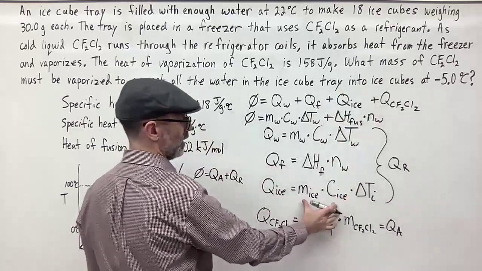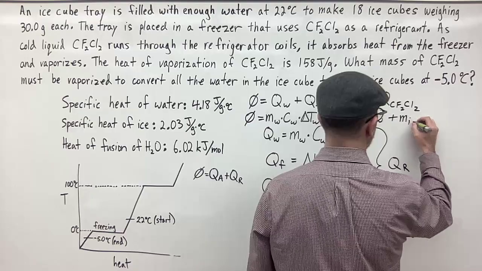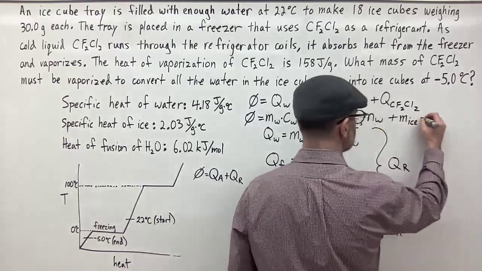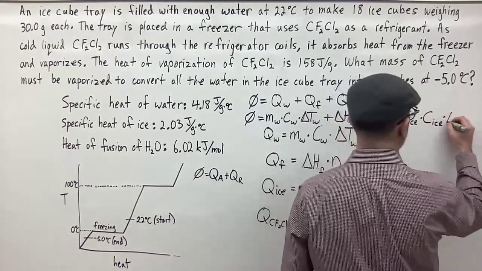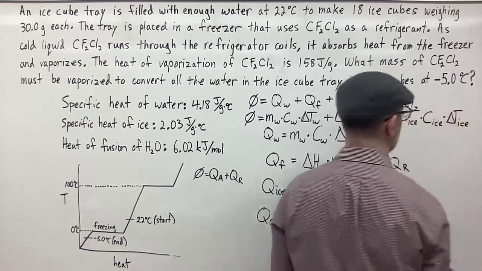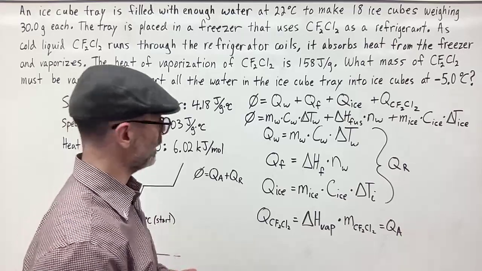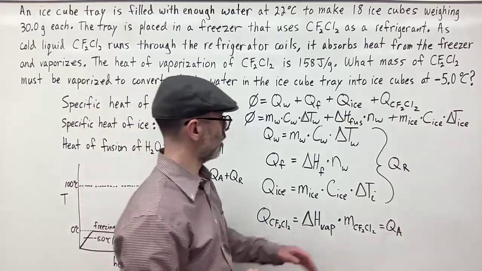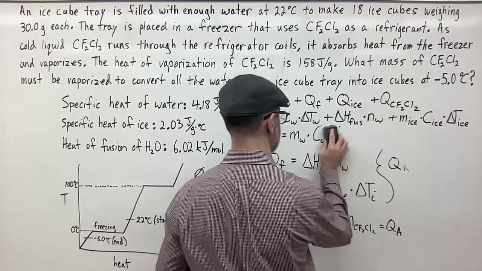And then next I have Q of ice, which is this part here. So again, it's mCΔT, but this time it's the mass of the ice times the specific heat of the ice times the change in temperature of the ice. And finally, I have to add this. I don't have enough space, so I'm going to go ahead and erase this now.